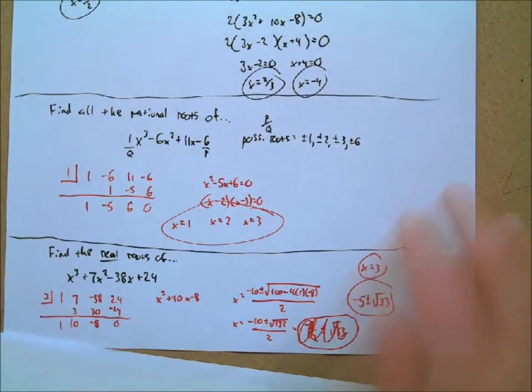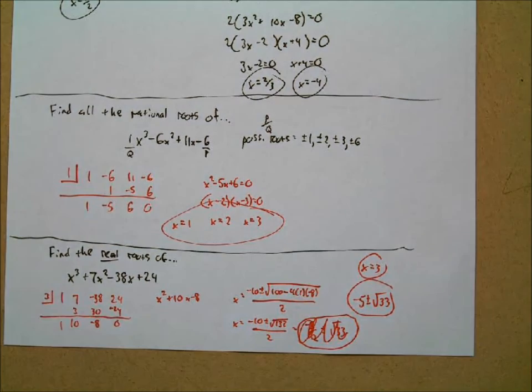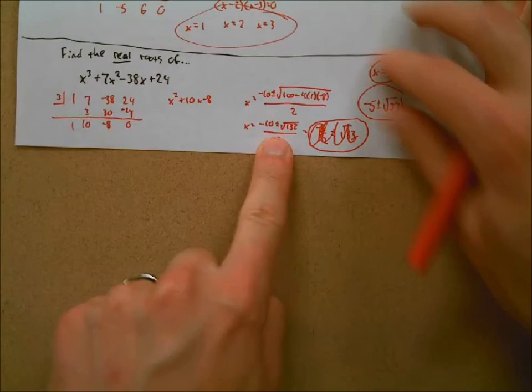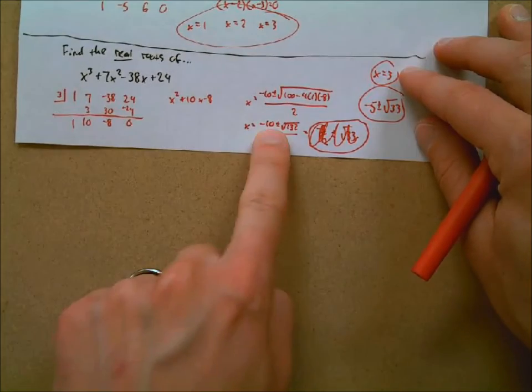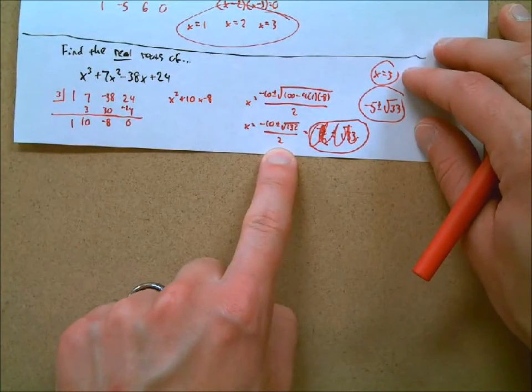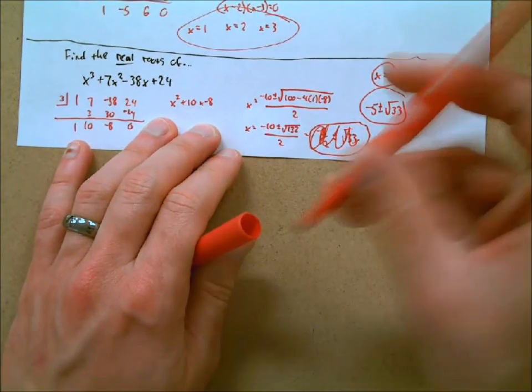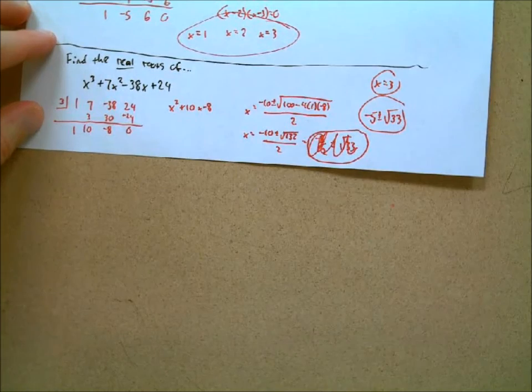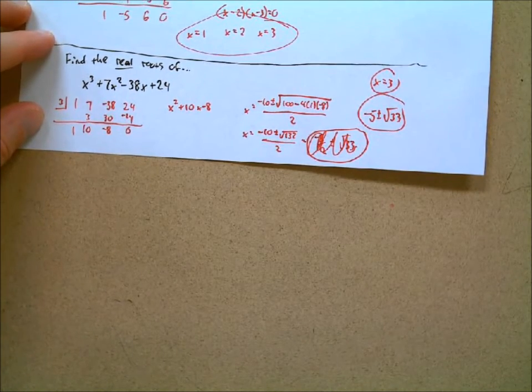Don't understand? Okay, so let's see here. So you're okay with this point right here, negative 10 plus or minus root 132 over 2? Yeah, and then I simplified it. Okay. I got 4 root 33. Yeah, exactly. Oh, it's 4 root. Okay, it's 4 root 33, or it should be 4 times 33 is root 132. Yeah, that's what I meant. Okay, so I'll show you. I'll do it on the board here. So we have this, 132.